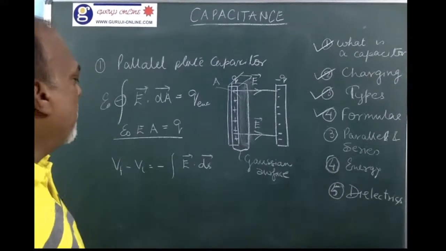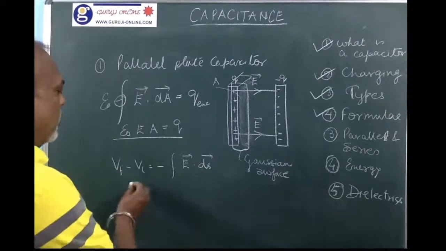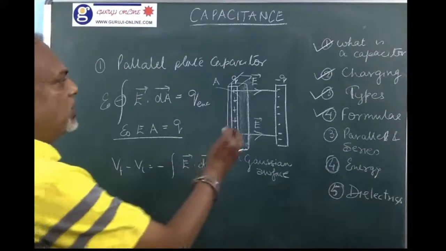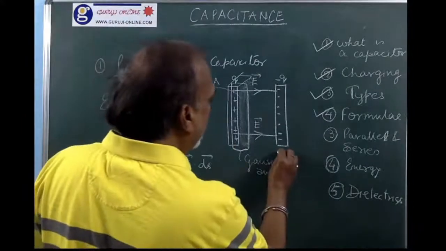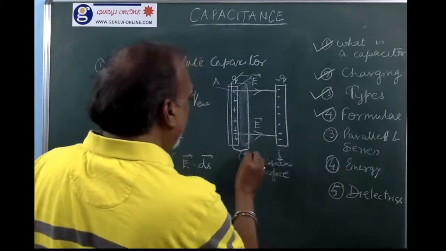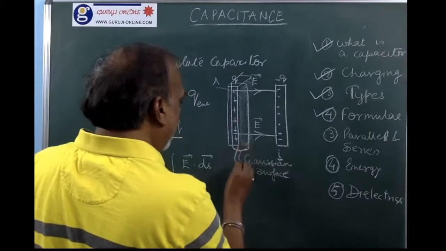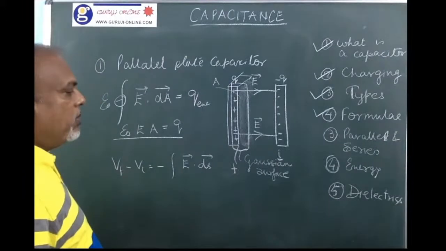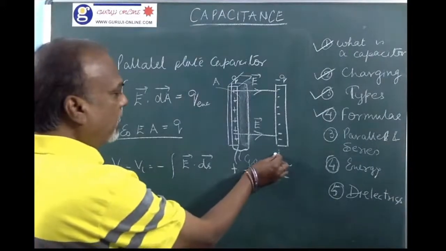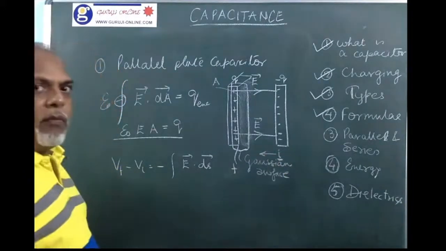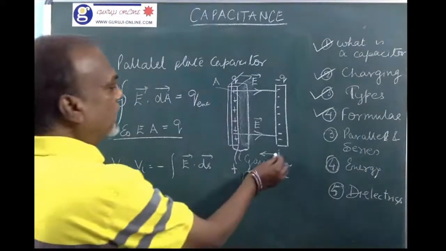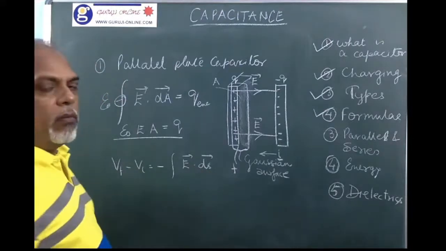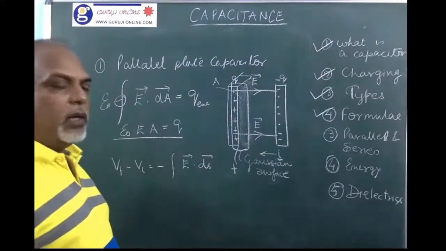Now let us modify this formula according to our need. Suppose this is the initial point, and this is the final point. We are taking the integral like this, means our ds is like this, means E and ds are in opposite directions.